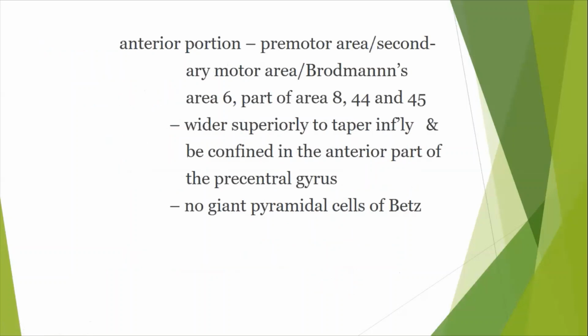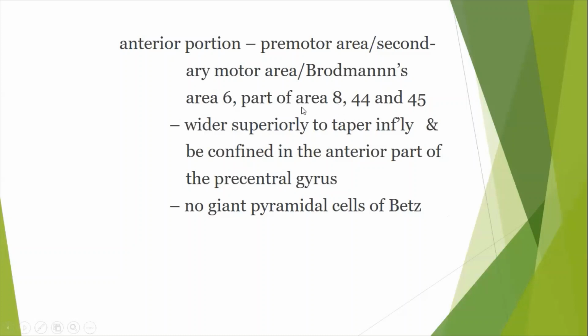Then the anterior portion is the premotor area. This is also known as the secondary motor area, or Brodmann's, sorry for that, there should only be one N here. Brodmann's area number 6 and part of area 8, 44, and 45.